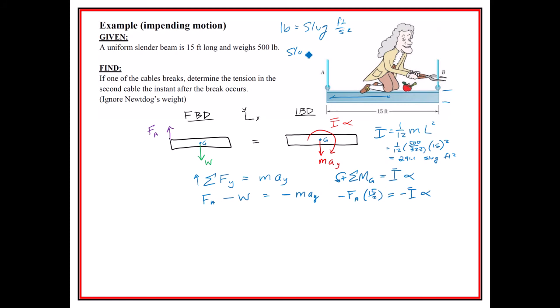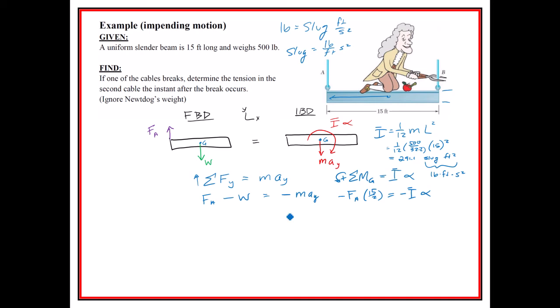But you could also say that a slug was equal to a pound per foot per second squared, if you will. So that's how you could see that you might get a pound foot second squared. Just be on the lookout for it. Some books do that. It's just weird. You might see it in the example problems in the textbook.